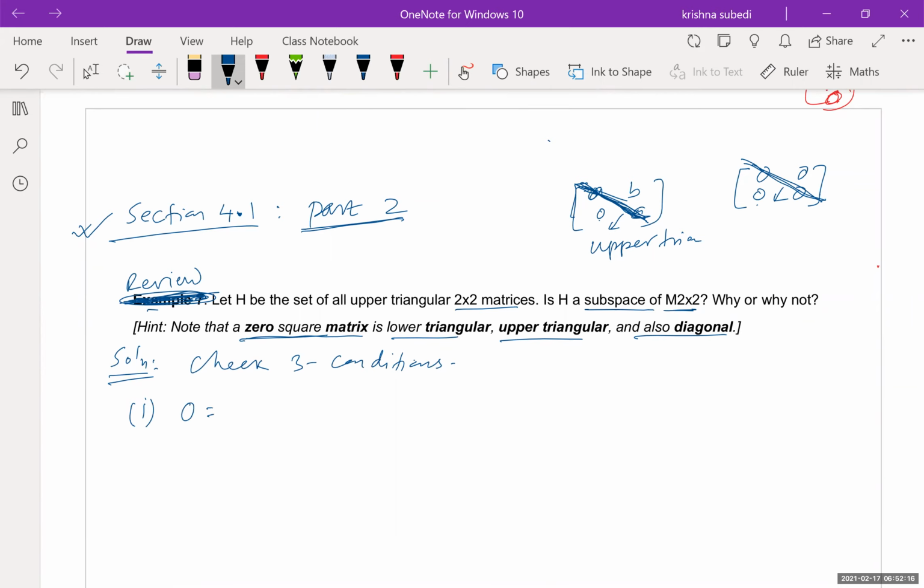The zero matrix, because it is 2 by 2, is 0, 0, 0, 0. This is clearly in H. This belongs to H because it is an upper triangular matrix.